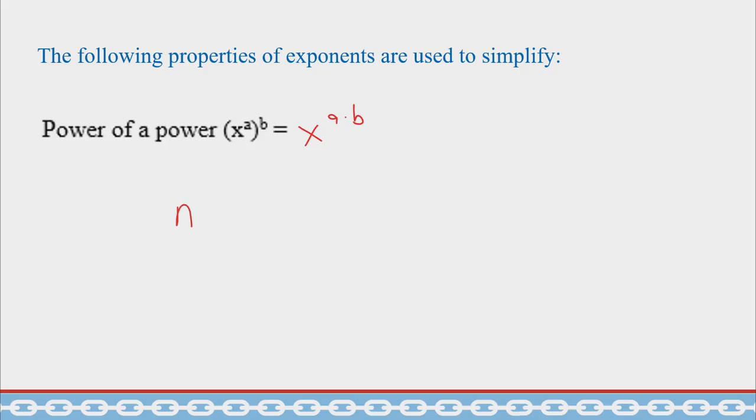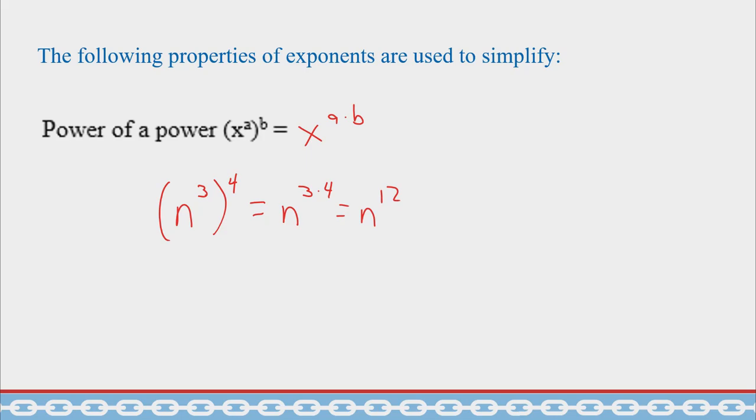So if I have n to the 3rd and then to the 4th power, that is going to be equal to n to the 3 times 4, or n to the 12th. I did not take this 3 to the 4th power. I multiplied those exponents.